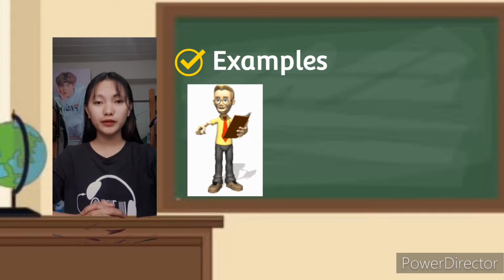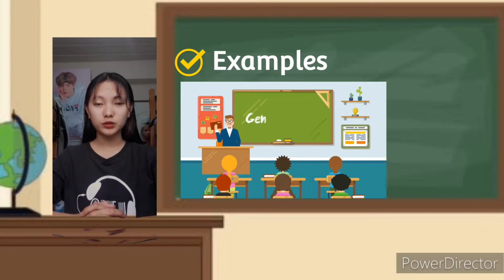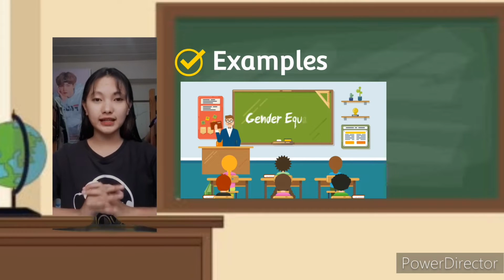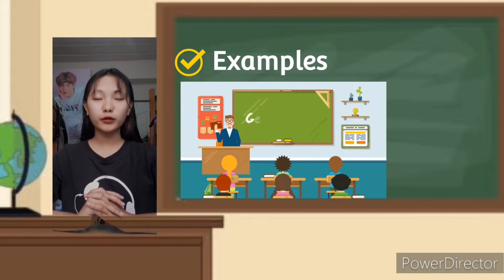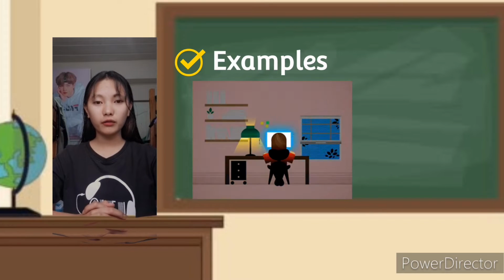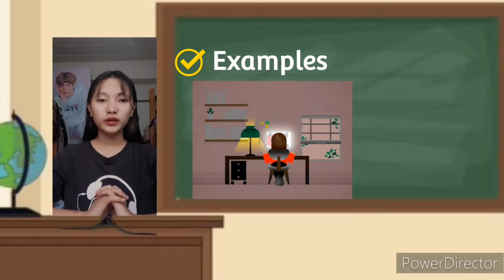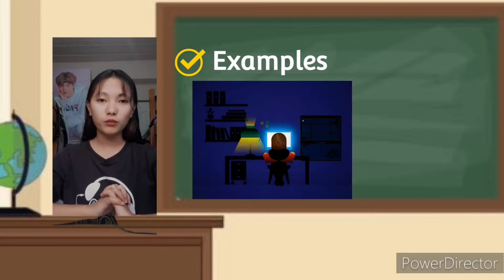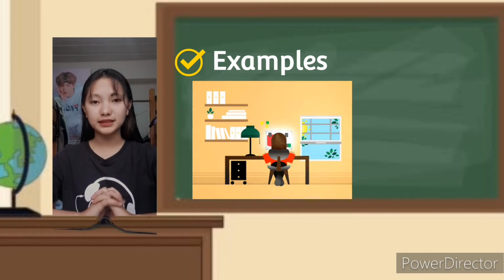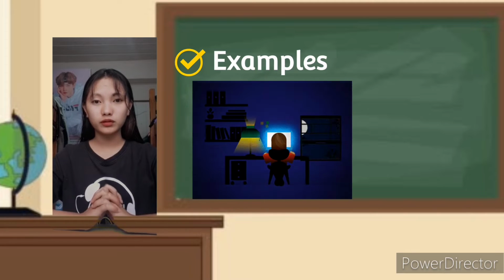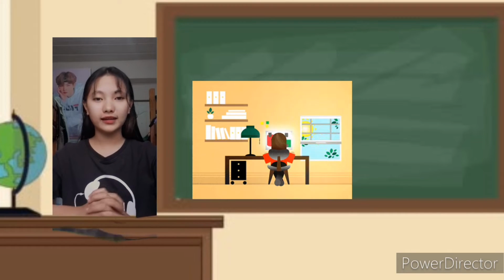When our teacher is going to discuss our lesson, we go to our school, we go to our classroom, and then our teacher is going to discuss. Then after that, if we're going to have an activity, we do it at our home, and then we pass it through Google Classroom or online.